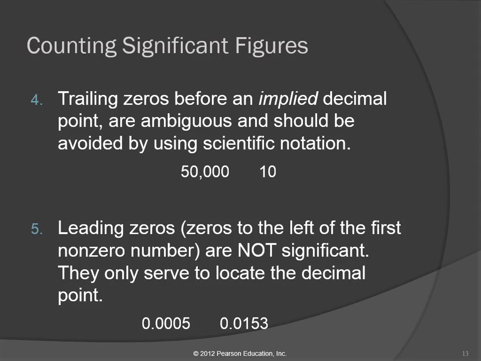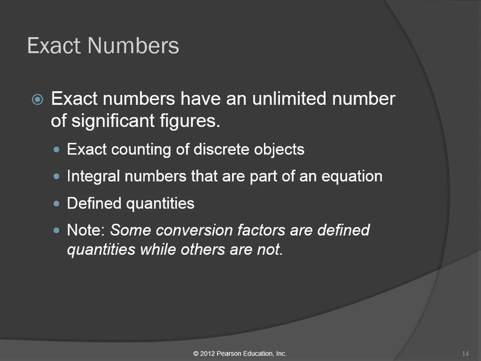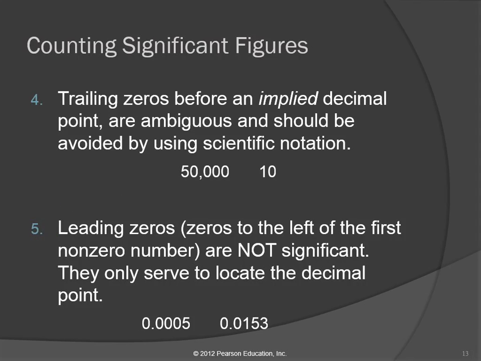So these are trailing zeros without an expressly written decimal point. So 50,000, those 4 zeros are trailing zeros with no written decimal point, and the number 10.